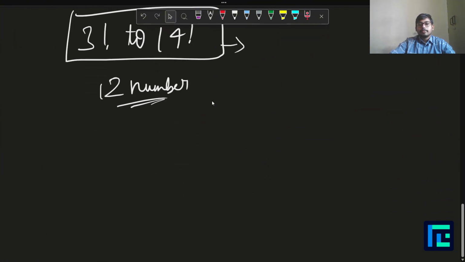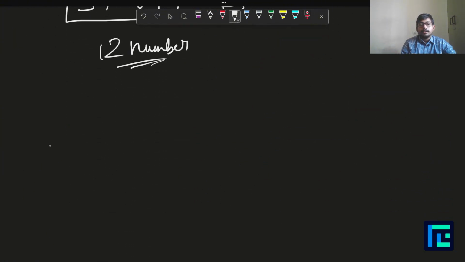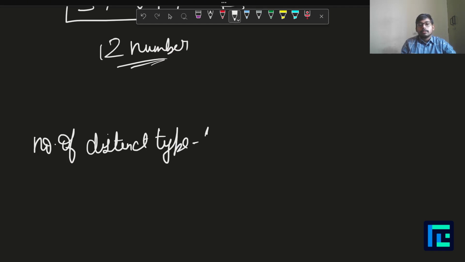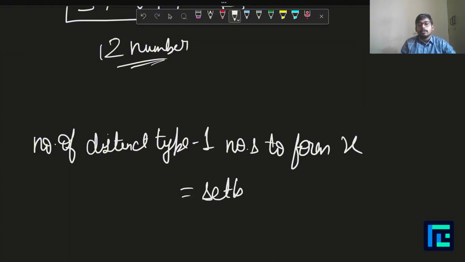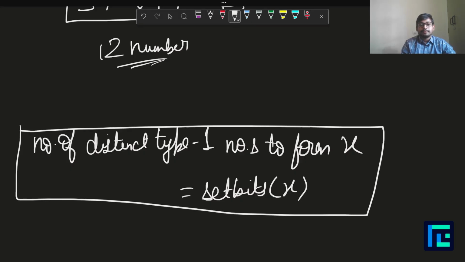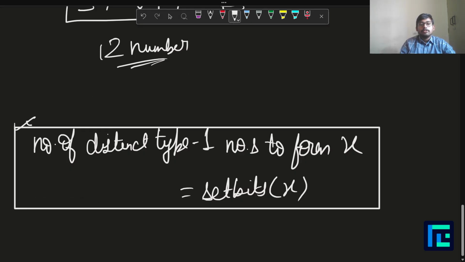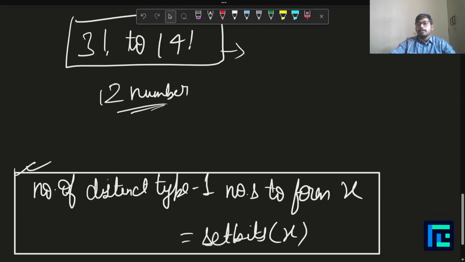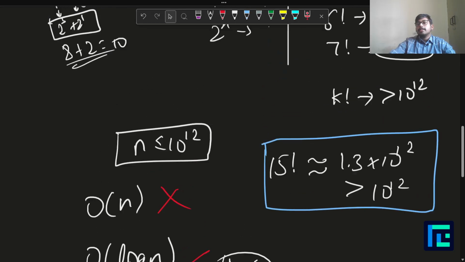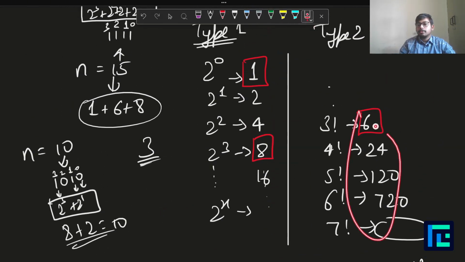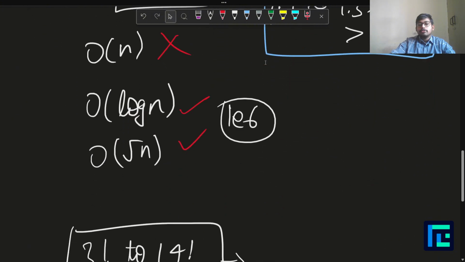So this thing I had already concluded, that the number of distinct type 1 numbers to form x is equal to the number of set bits in x. Okay, this conclusion we had already made. So once you know this conclusion, then what is remaining with us is which type 2 numbers do we use. Okay, so we only have 12 such numbers.